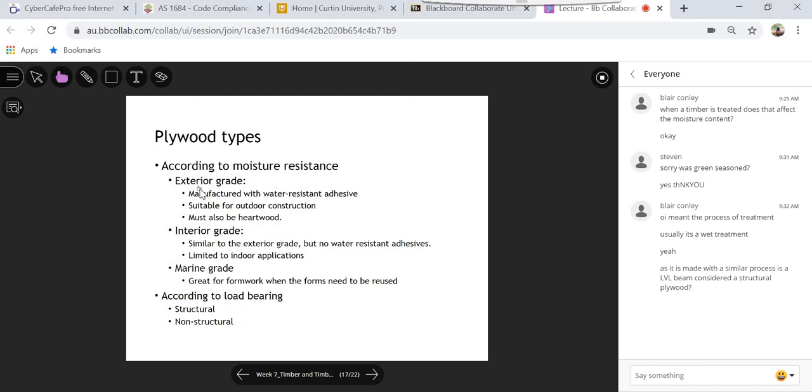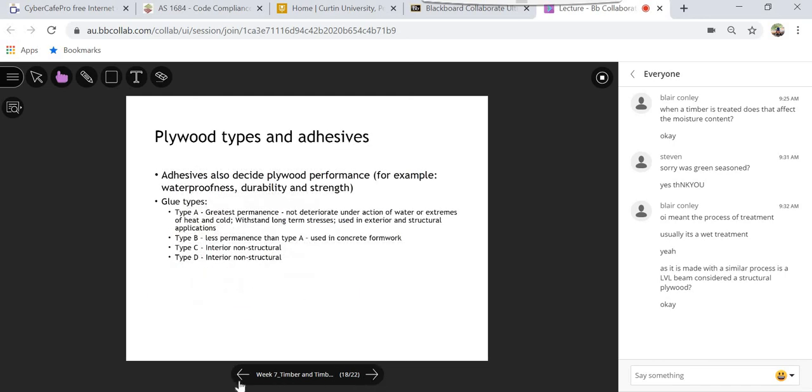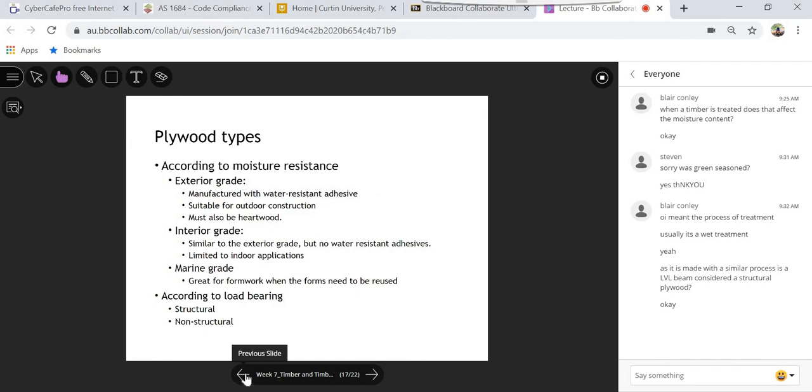Yes, it is made out of layers also, but we need to talk about sectional properties when it comes to LVL beams. We will talk about that under roof construction. Thank you, Blair. But definitely LVL is considered as a structural plywood.